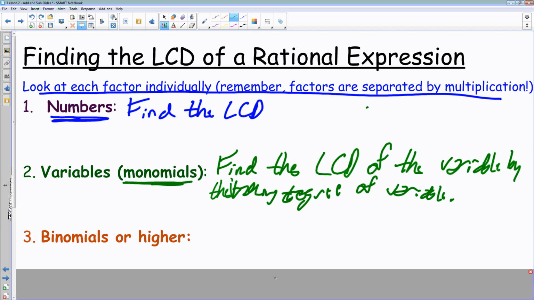So the LCD between x squared and x to the fifth is going to be x to the fifth. You can multiply x squared by x cubed to get to x to the fifth.